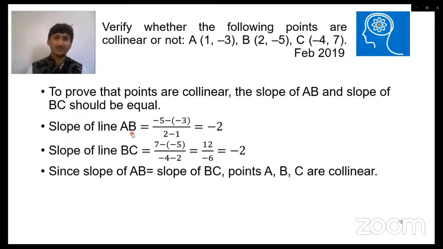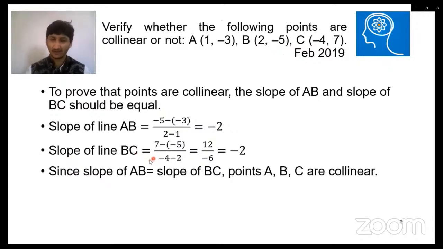So what will be the slope of line AB? For finding out the slope of line AB, we will take the coordinates of A and B, that is y2 minus y1 upon x2 minus x1. y2 काय असेल? -5, y1 काय असेल? -3, x2 काय असेल? तर 2 and x1 will be 1. So slope of line AB is equal to -2. What will be the slope of line BC?